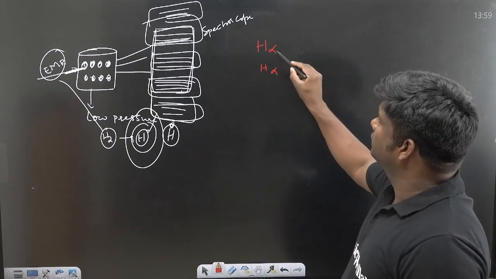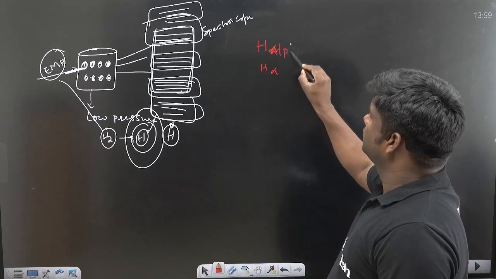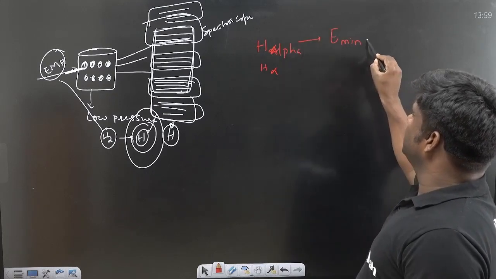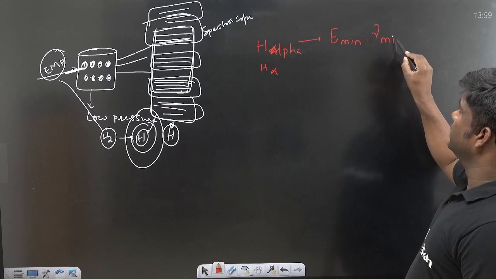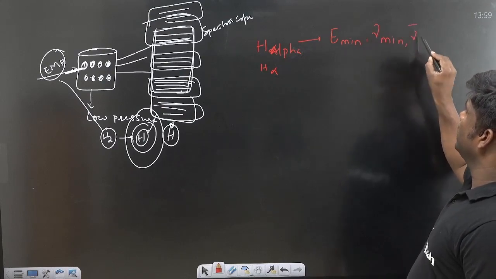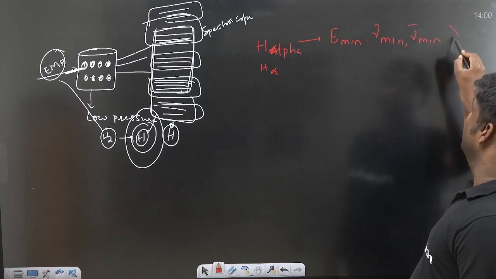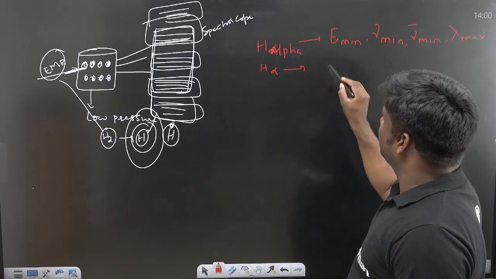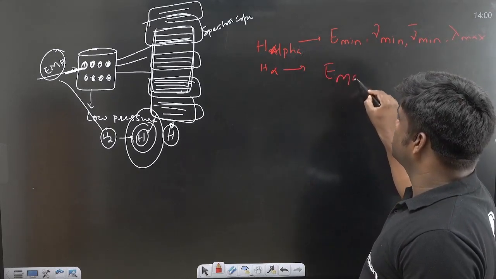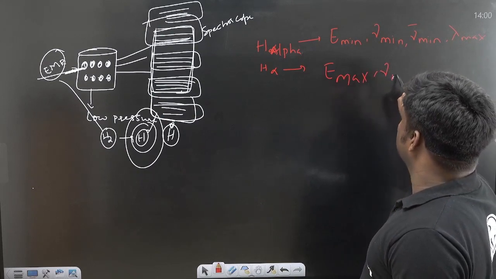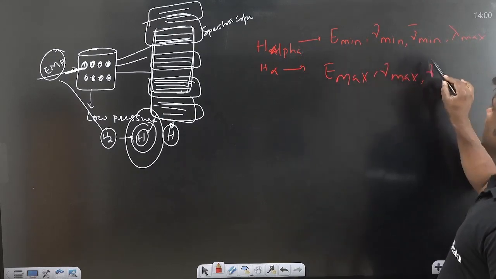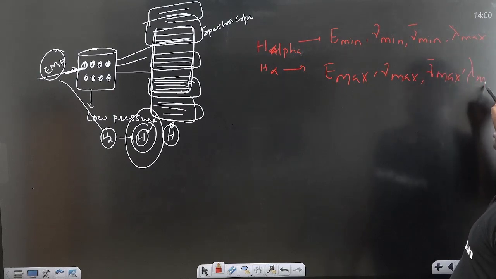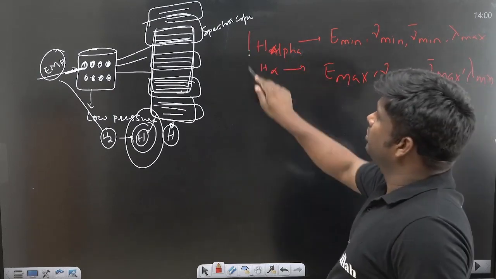H alpha means energy is minimum, frequency is also minimum, nu bar is also minimum, but lambda is maximum. And for the H infinity line, energy is maximum, nu is maximum, nu bar is also maximum, and lambda is minimum. This you have to remember.